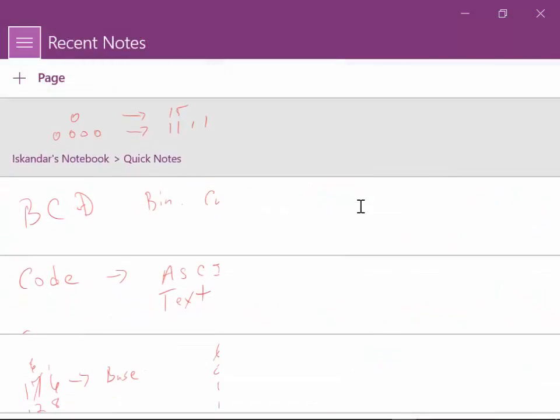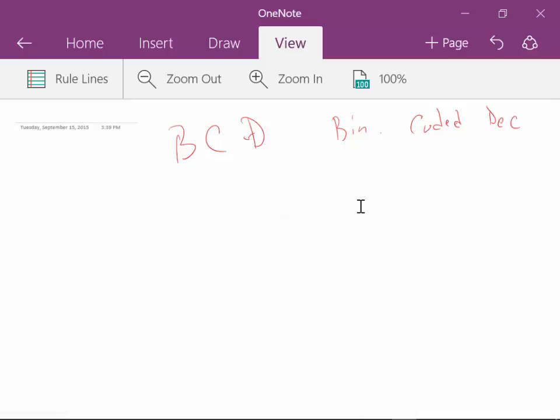So when we look at binary coded decimal, it's the numbers 0 through 9 written in binary form, and I'm not going to go through and do the whole thing here. 1 0 0 1 is 9. Now, we use binary coded decimal typically when we input and output from a digital system.